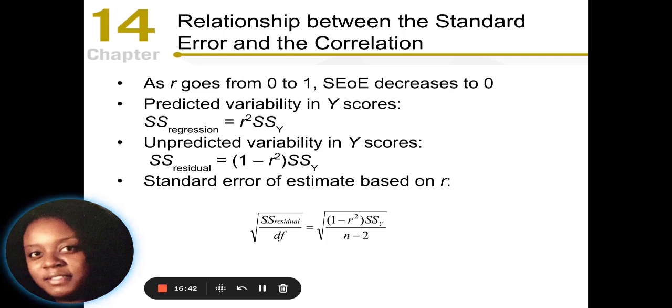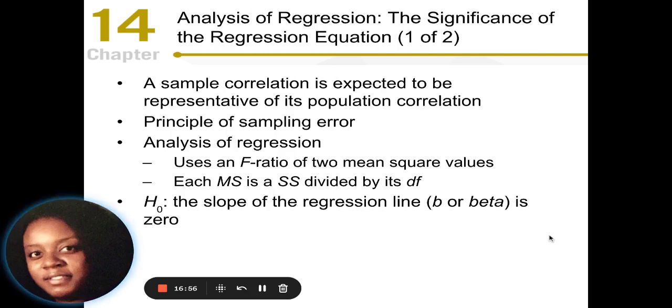And when we look at the relationship between the standard error and the correlation, as R goes from 0 to 1, the standard error decreases to 0. And for analysis of regression, we have the significance of the regression equation, which is a sample correlation expected to be representative of its population correlation. We have the principle of sampling error, and the analysis of regression uses an F ratio of 2 mean squared values.